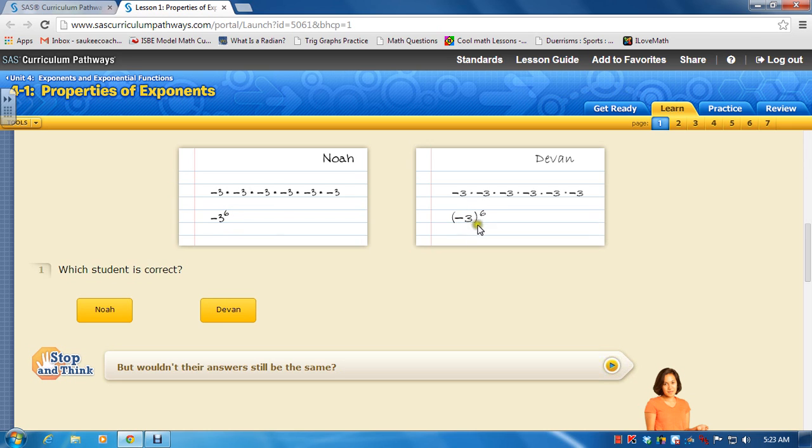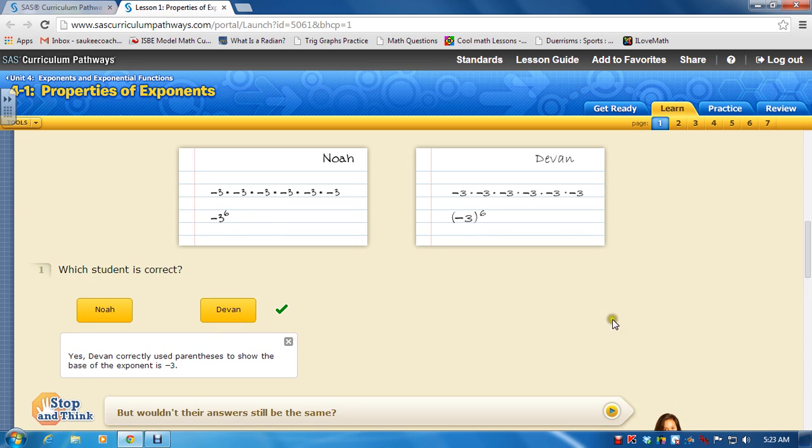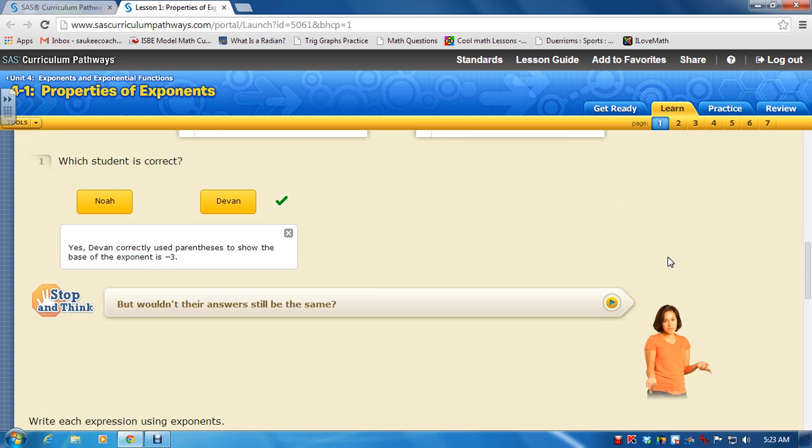Out here, you're actually taking a negative 3 and multiplying it by itself 6 times. So which one is correct? Well, here I don't have 6 3's. I have 6 negative 3's, and I'm not handling that appropriately here. Therefore, Devin would be the one who is correct, because he's the one who took the negative 3 times itself 6 times.